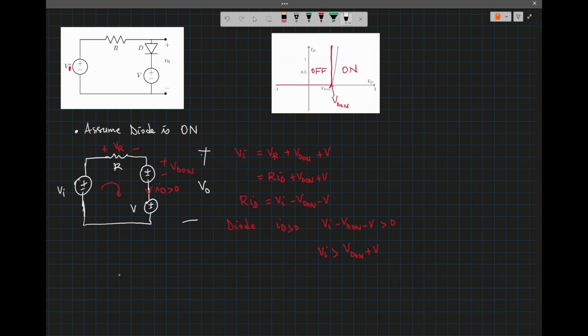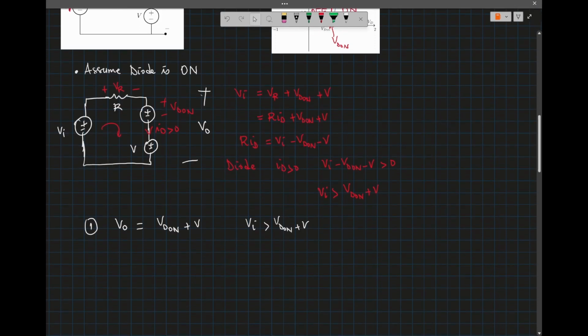Under this condition, V0 will be equal to VD on plus V, for the case where VI is bigger than VD on plus V. So that's condition number one.